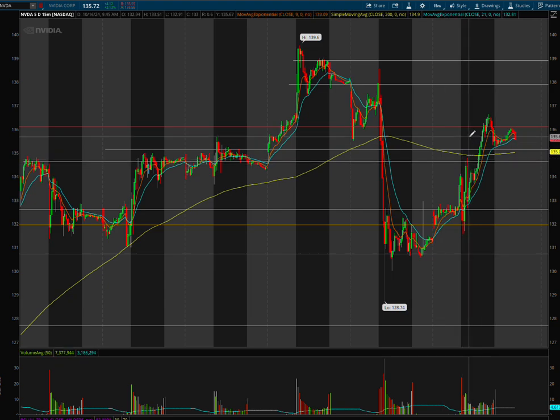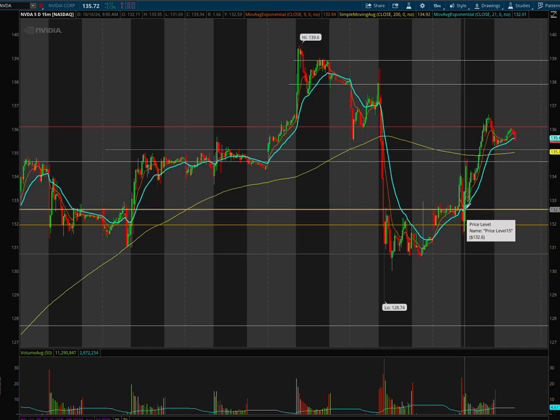Now what I do is I look at everything as an if-then. If this happens, then I'll do this. So for example, you can see here where you wouldn't want to immediately get in on this bounce at this level because it fell down further. So you would look: if it holds this support, then I'll start to look for a long.